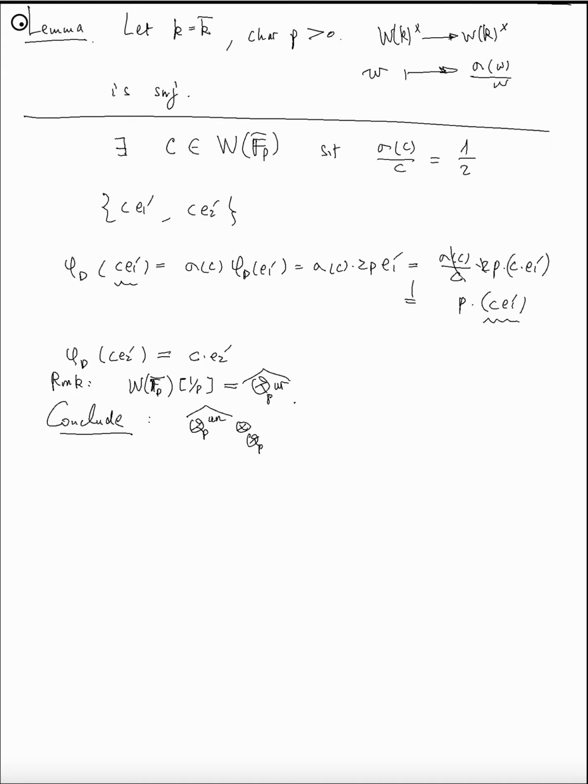As you could imagine, this is also the same as the W(F_p squared) unramified completion. And so this is now our Q_p, this is our K0.